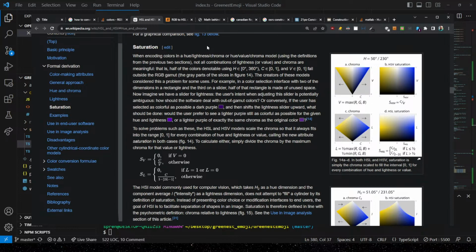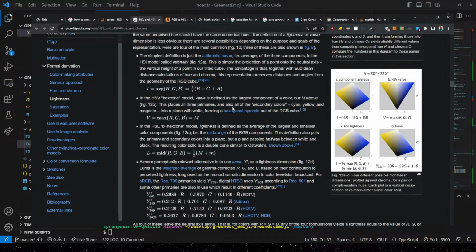Okay. We know C. What is V? Tell me what V is, please. V is the max of R, G and B? Really?